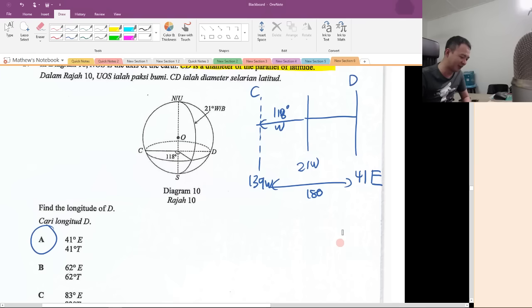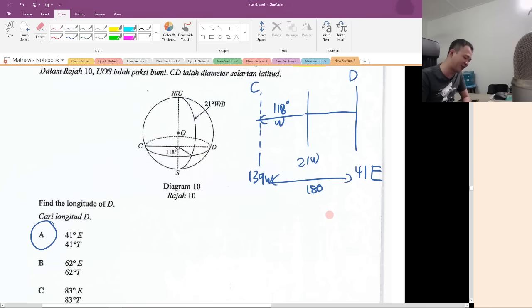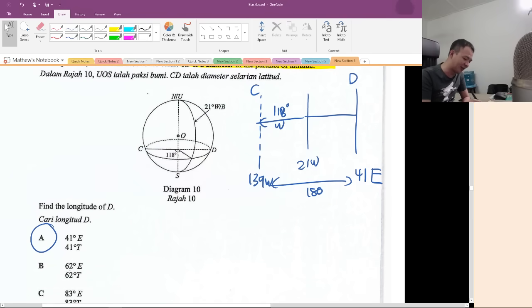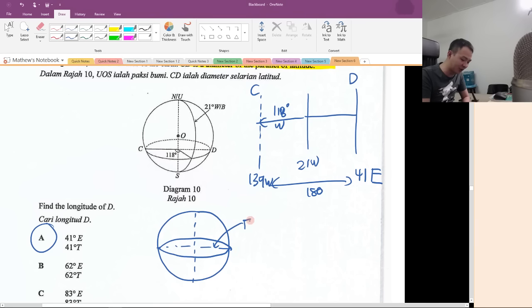Okay, you want to know the longitudes of latitudes, right? I can briefly explain a little bit. For longitudes, it's very hard to explain here. Okay, so let's say this is the Earth here. This one on the middle we call equator.